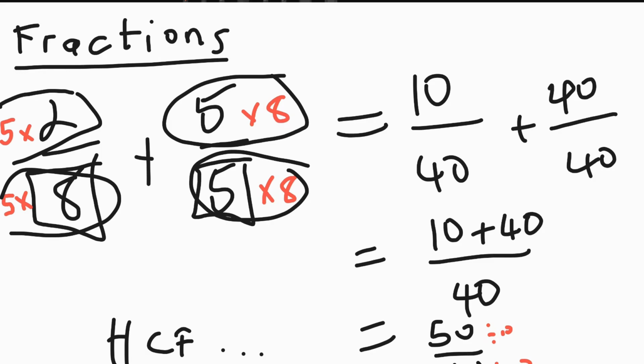Okay, so we know now that 10 goes into 50 5 times, and 10 goes into 40 4 times, and you're left with 5 quarters.